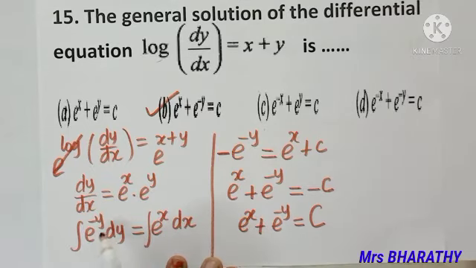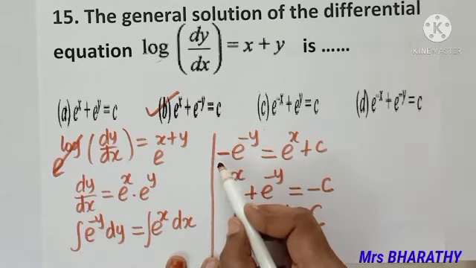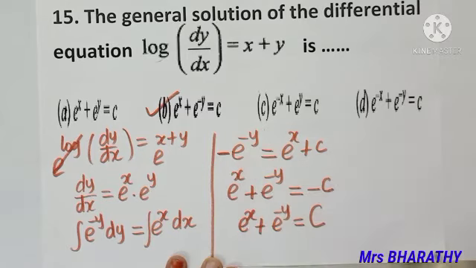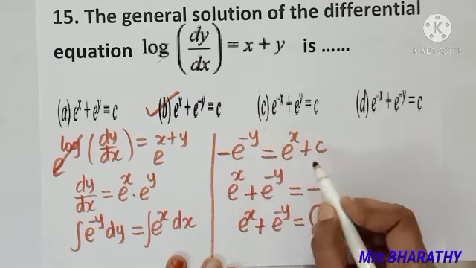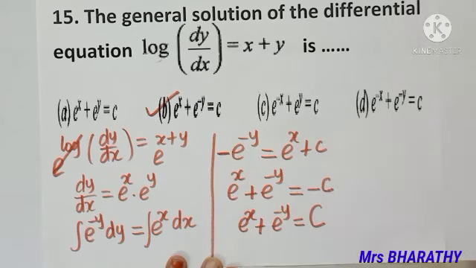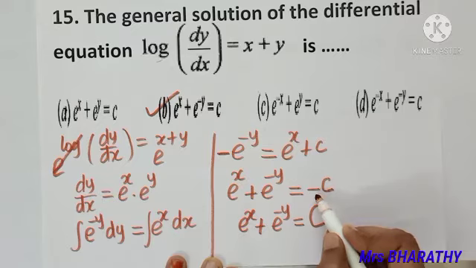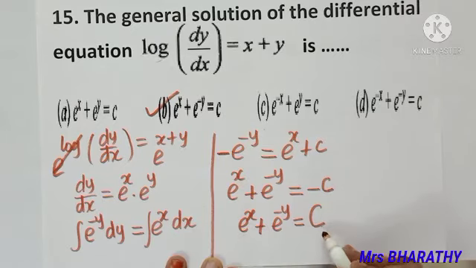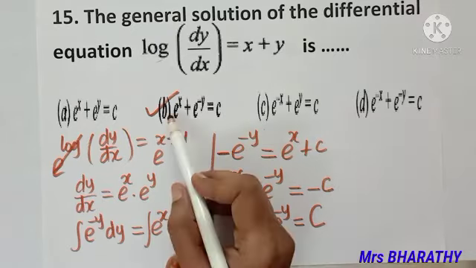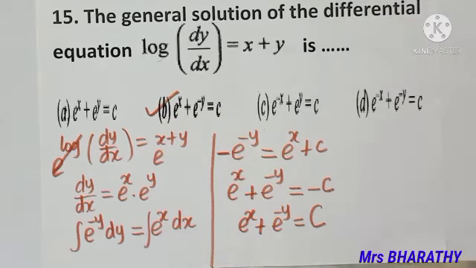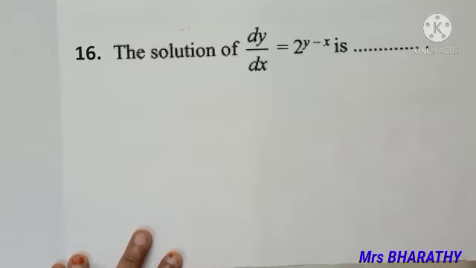Taking dx to the right. E power minus y as I integrate, minus e power minus y. E power x becomes e power x. Bringing them to the same side, taking c to the other side, we have minus c, which can also be treated as a big constant. So option B is the right choice.